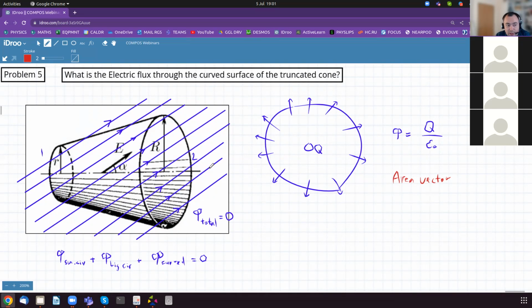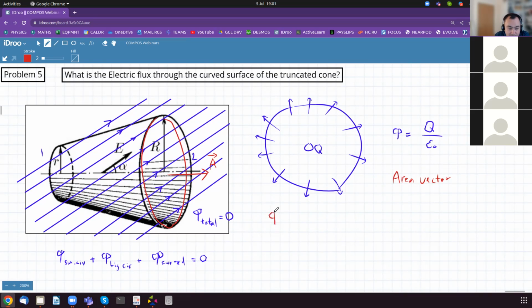And if it's a closed surface, the vector is outwards. So for this surface, the area vector has this direction. It's perpendicular to the surface, and its magnitude is equal to that. And E is in this direction, and this is the angle between them.